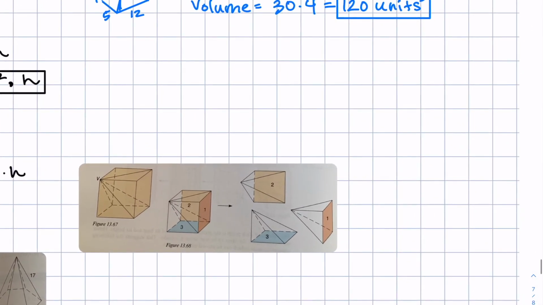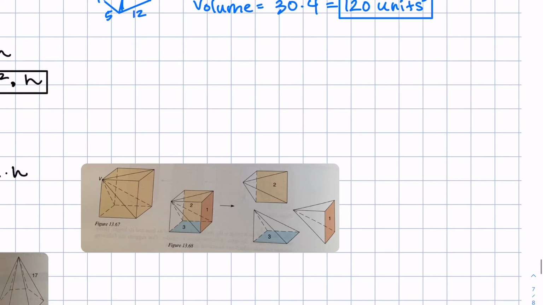pyramids. Okay, so basically I take this corner, which they labeled V here, this vertex, and I'm going to make that the pointy part of all three of these pyramids. So one of them I'm going to take and have that be the top pointy part of the pyramid, and then this is going to be the base of the pyramid.